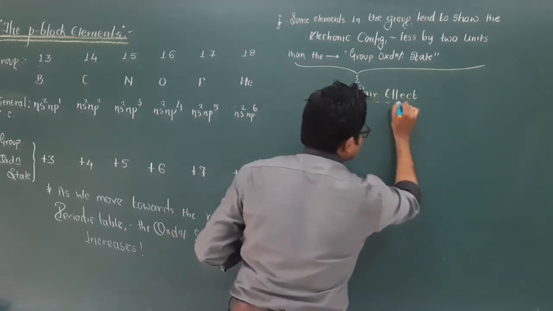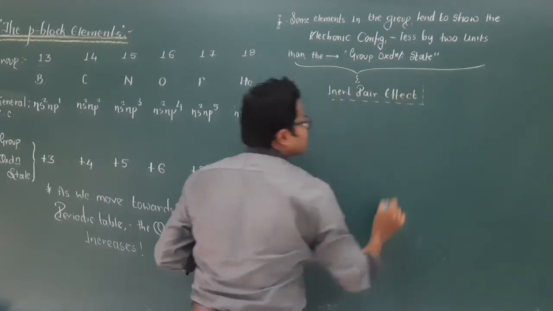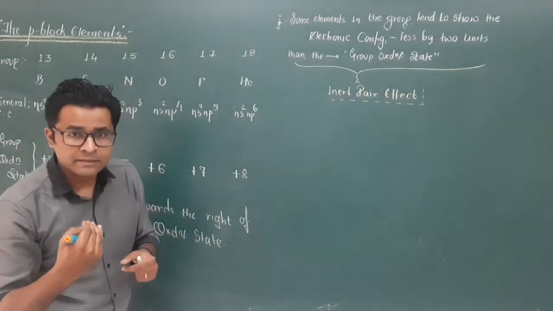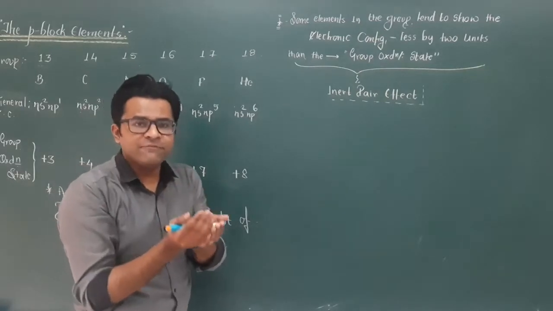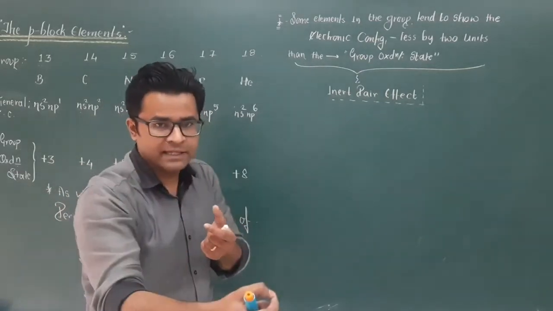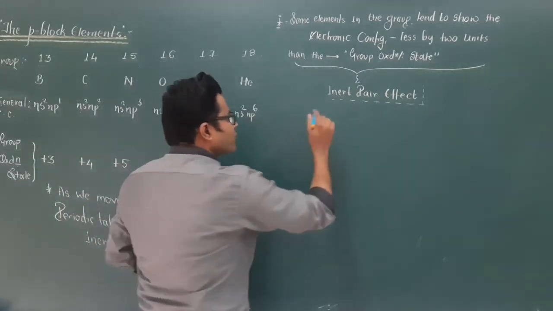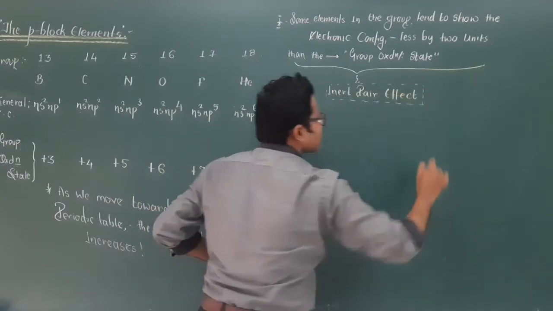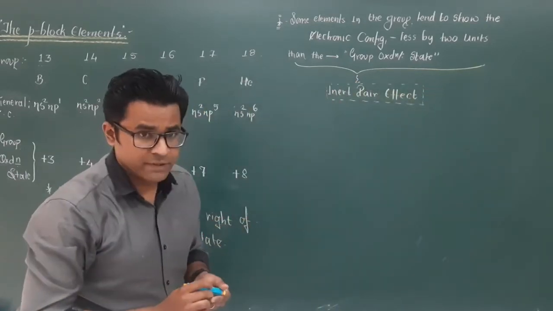Because of the inert pair effect, the electrons present inside the core, which are completely filled, cannot be given up. Okay, because of that, this particular oxidation state is observed.